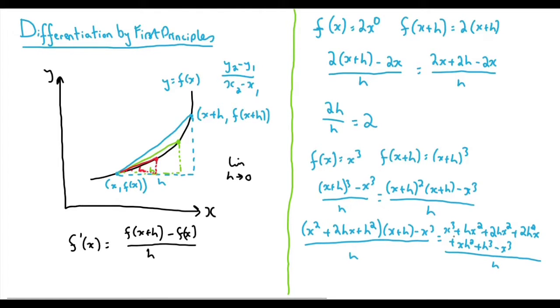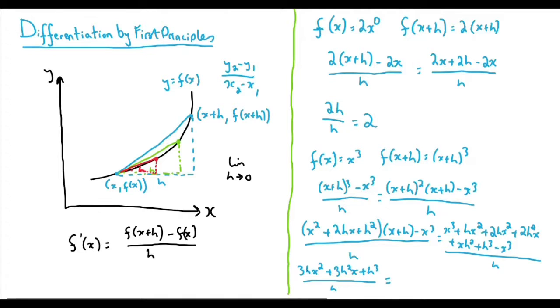Bringing together the like terms, x cubed minus x cubed is just going to disappear. Then hx squared plus 2hx squared is going to be 3hx squared. And then 2h squared x plus the same as h squared x is going to give us 3h squared x, and then plus h cubed afterwards. This then still over h.